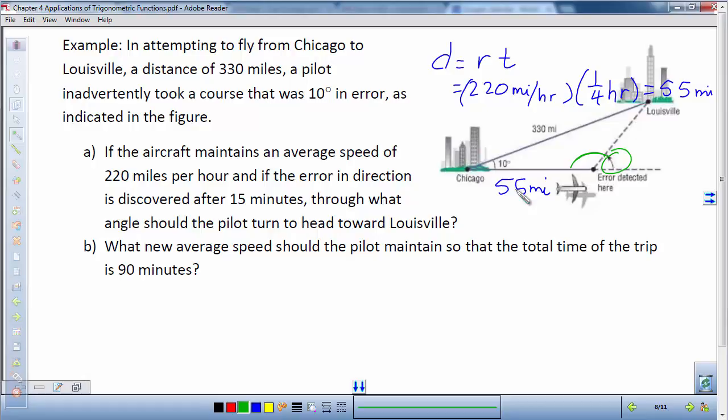What'd y'all do? Okay, that would help us. We could do that. We'll call that C since it's opposite Chicago. So we can say C squared is equal to 330 squared plus 55 squared minus 2 times 330 times 55 cosine 10 degrees.